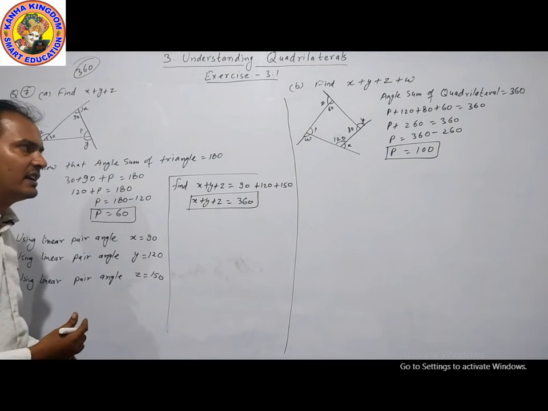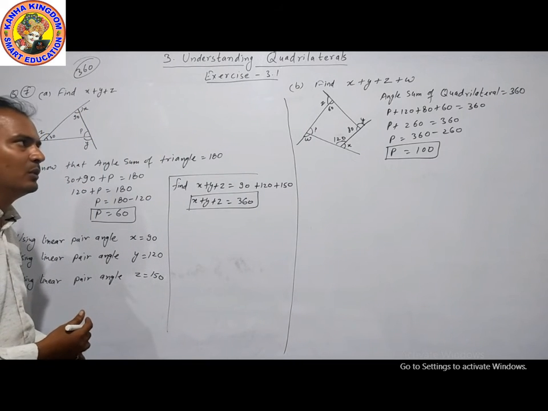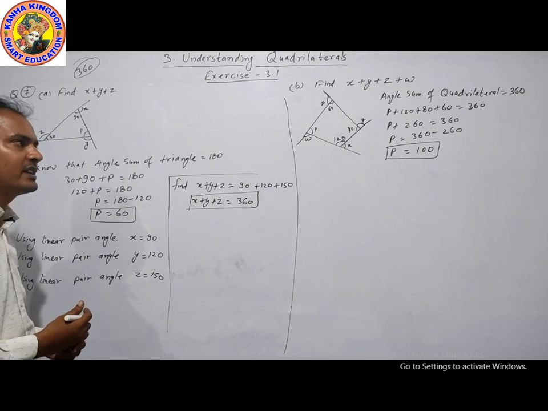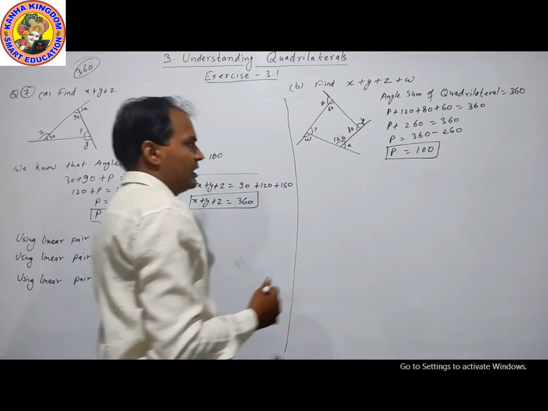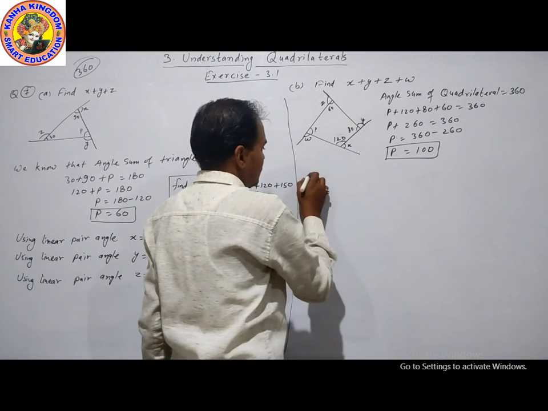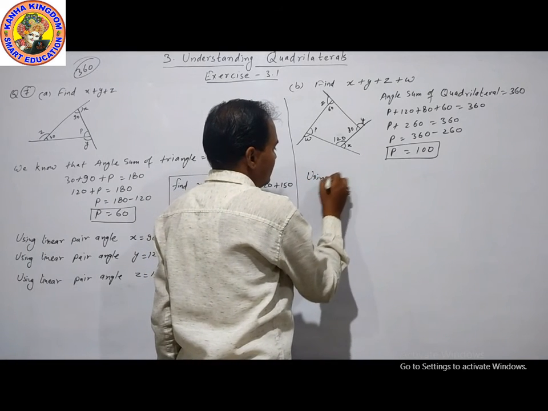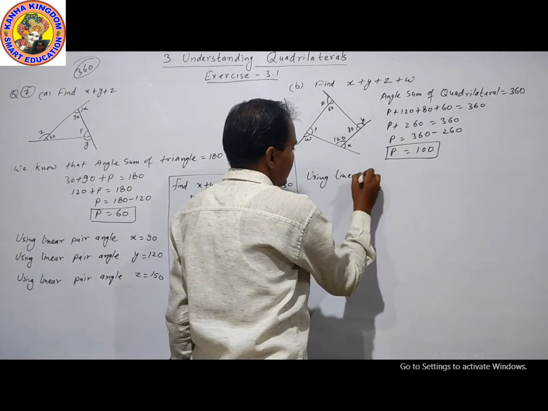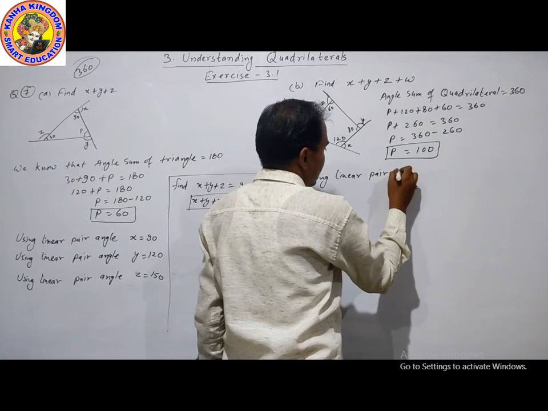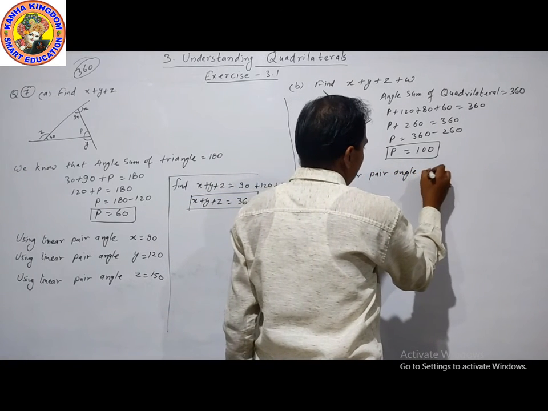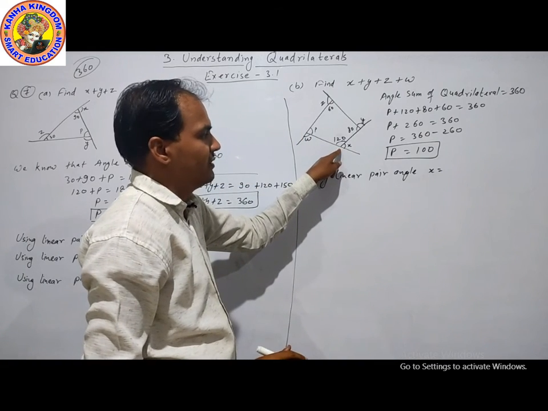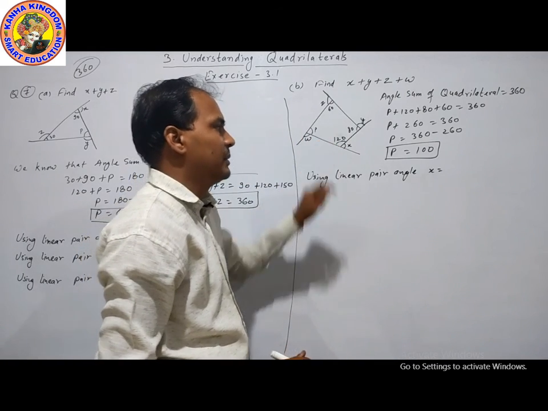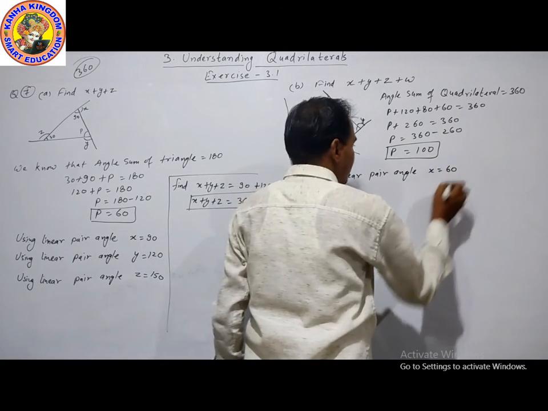Now we will find the value of X, Y, Z and W. X, Y, Z and W are the exterior angles. The exterior angle sum is 360. Now prove this using linear pair angle. For the value of X, by linear pair of angle, the addition will be 180. So 180 minus 120 is 60.